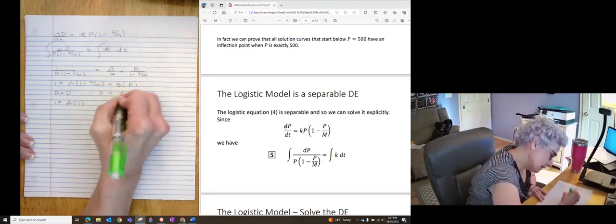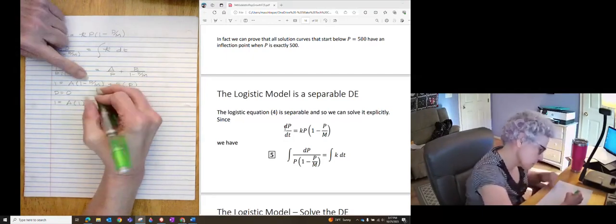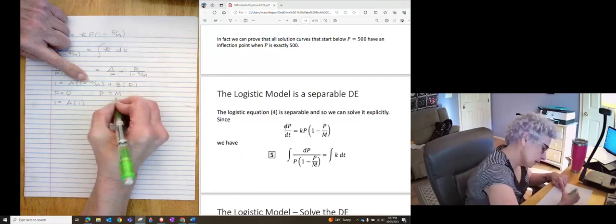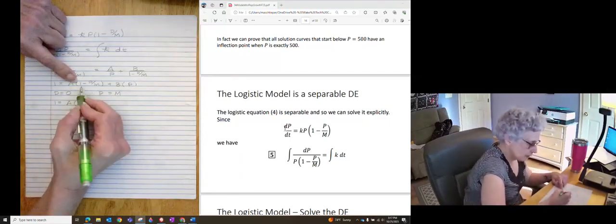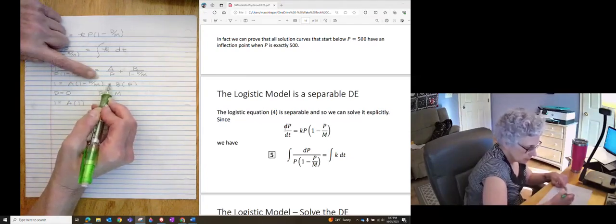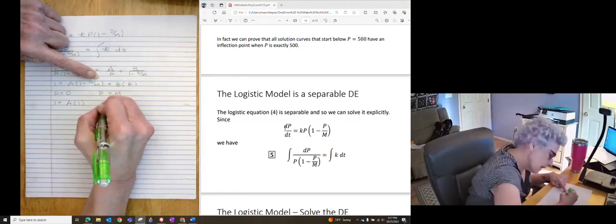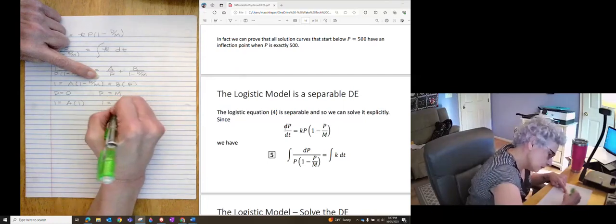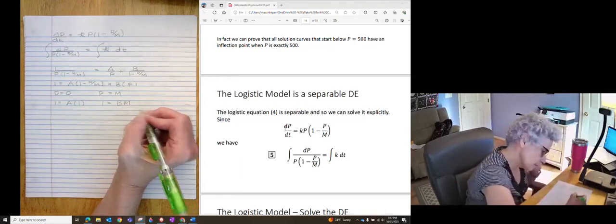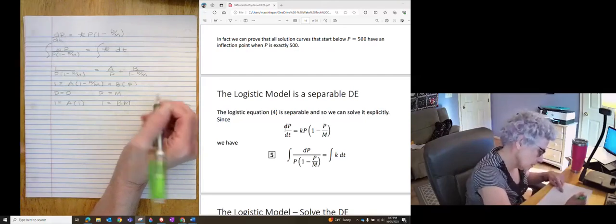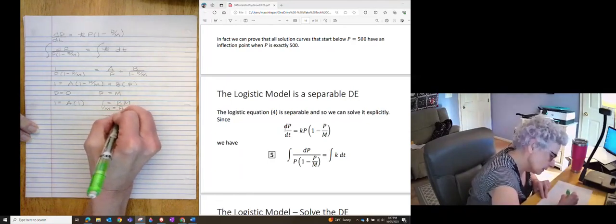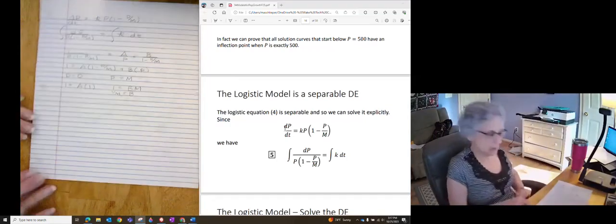And let's say P is equal to M, then here I would have 1 minus M over M, so my A would disappear, so I would have 1 is equal to B times M. Making sure I'm right. So 1 over M is equal to my B.